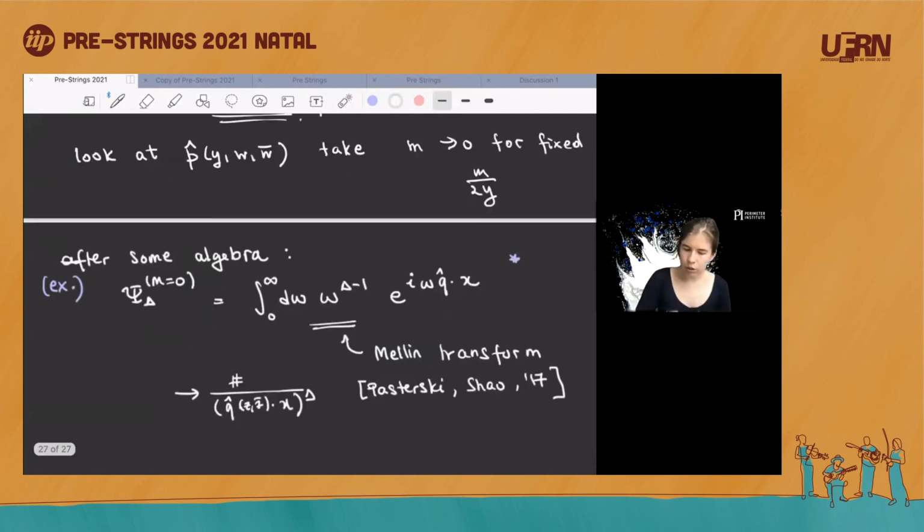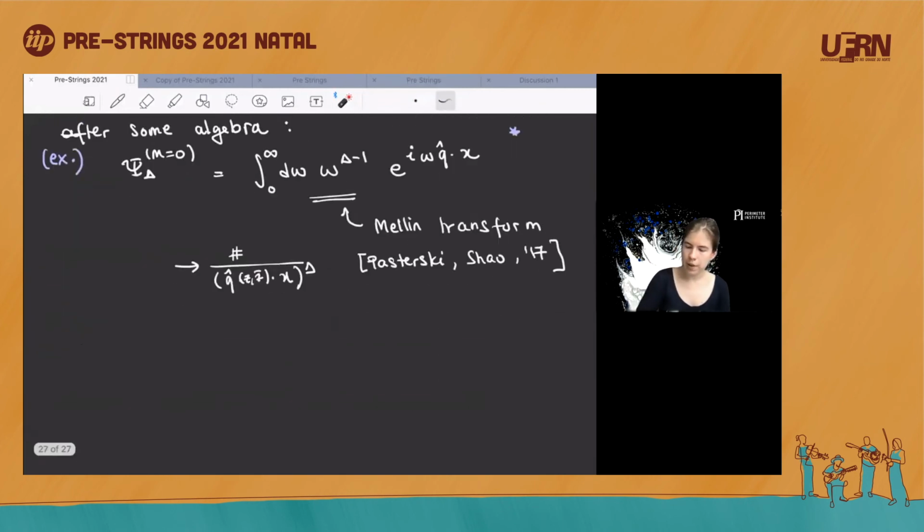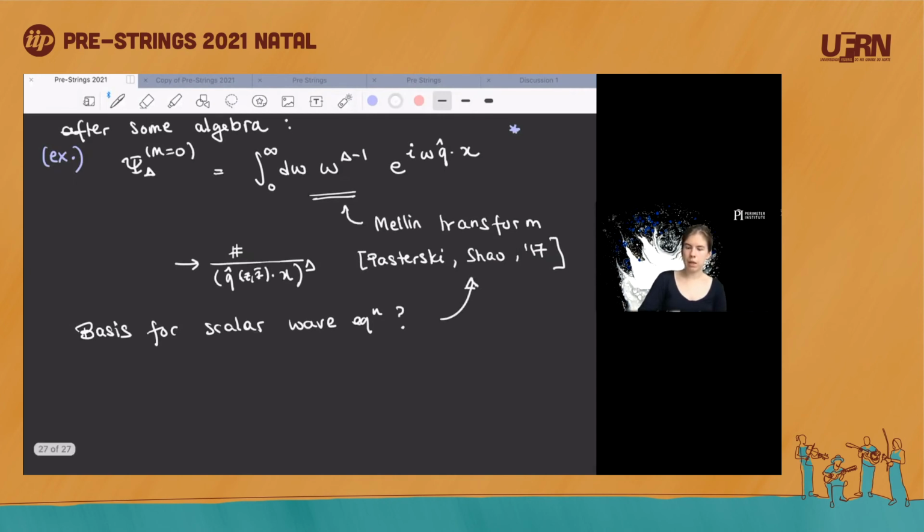Okay, so I proposed the formula which recasts scattering amplitudes in momentum space as observables living on the celestial sphere. But you may now ask, well, none of this makes sense if these solutions don't form a basis for the scalar wave equation. And in fact, again, I don't have time to discuss that, but it's been studied in this paper by Ostrovsky and Shaw.